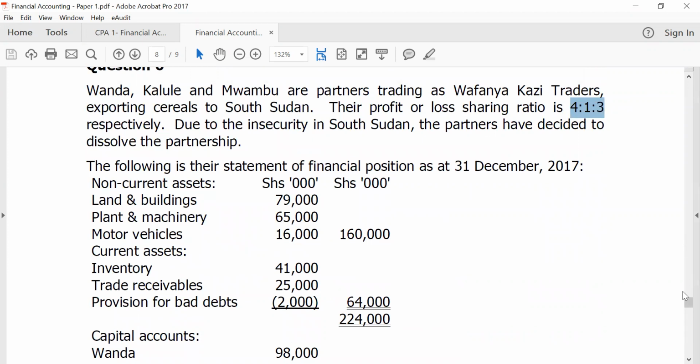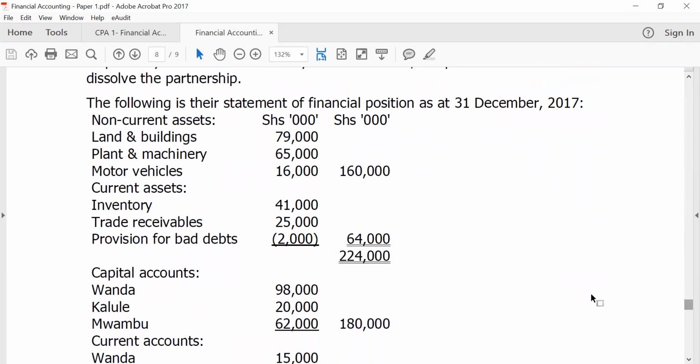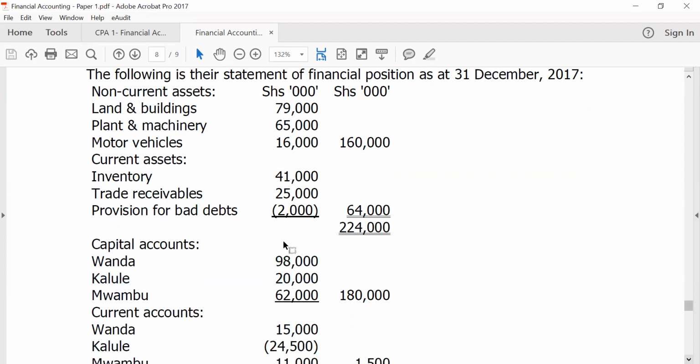Now, you cannot use this profit sharing ratio because this includes even Kaole on it. So you cannot just say, let me share now 4:3. No. How you determine that profit sharing ratio is you look at the capital balances, the capital values that these guys have. So one has 98, Mwambo has 62.